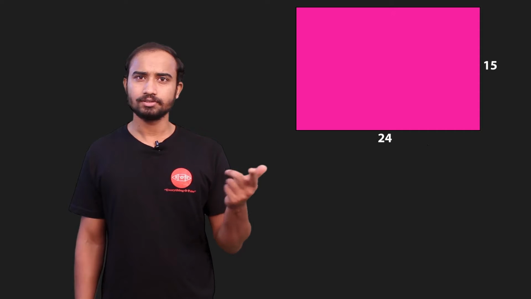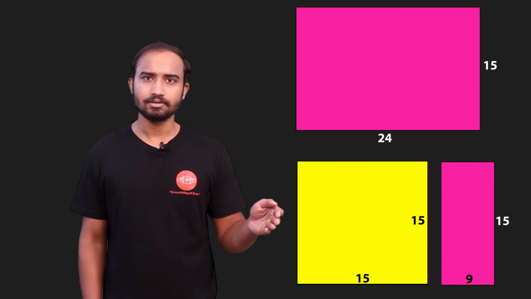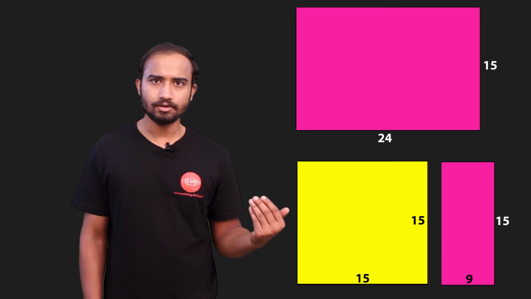So let's look at this figure. We have a quadrilateral field which has a side of 24 and the other side is 15. First of all we will take out a square of 15 by 15, so now we have taken out the square.